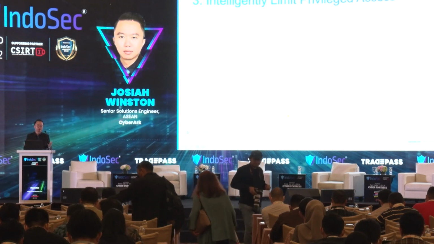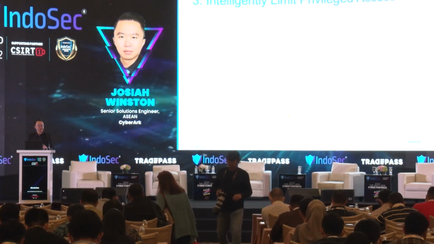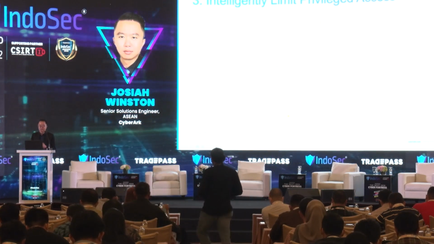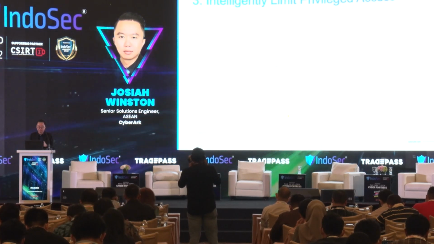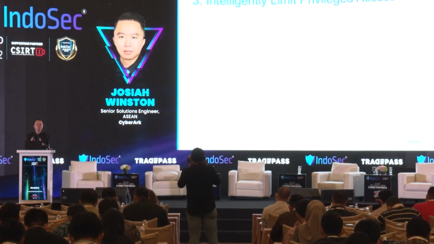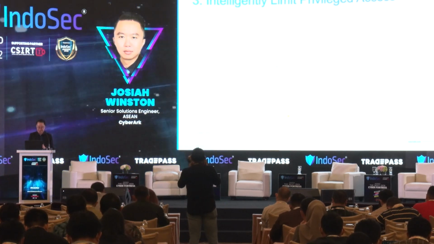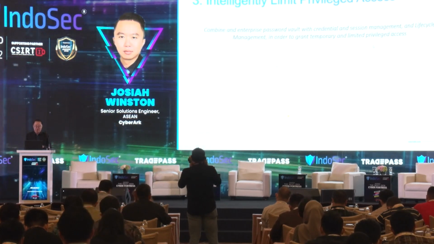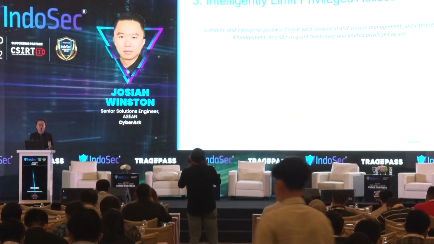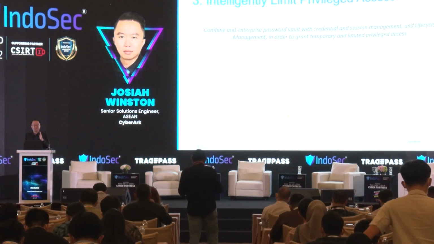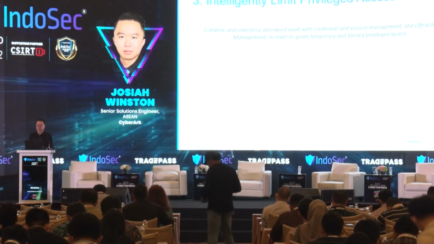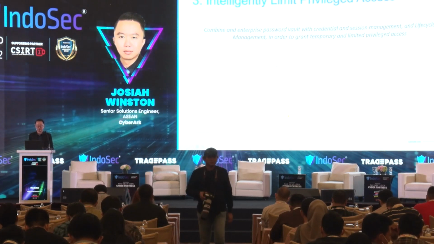Okay, now that we've looked at validating the device and validating the identity, let's look at step 3, where we're actually looking to limit privileged access to only those who need it. In this step, all full-time privileged access, like those used by administrators to administer systems, should be controlled.